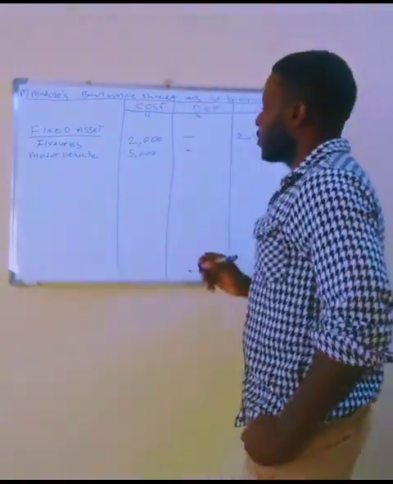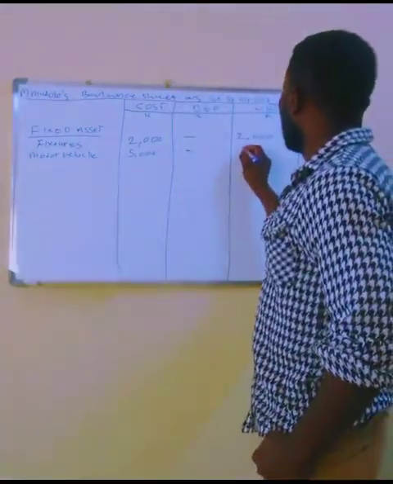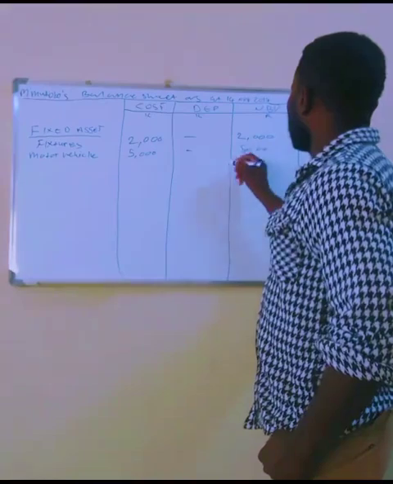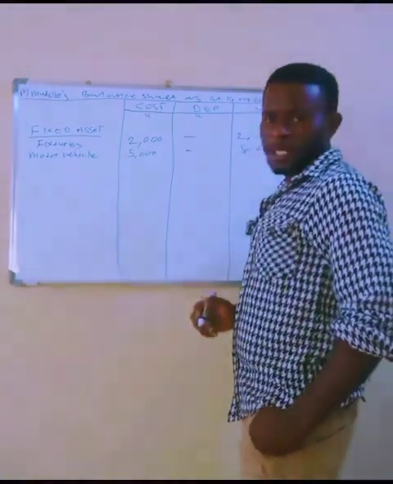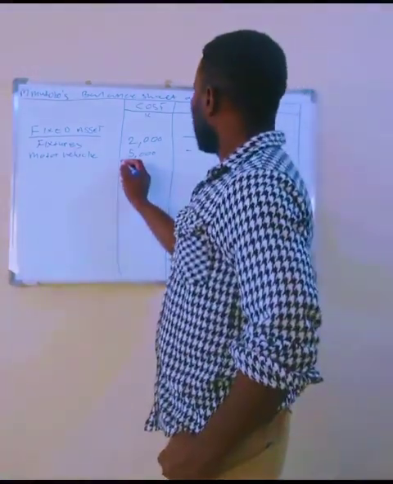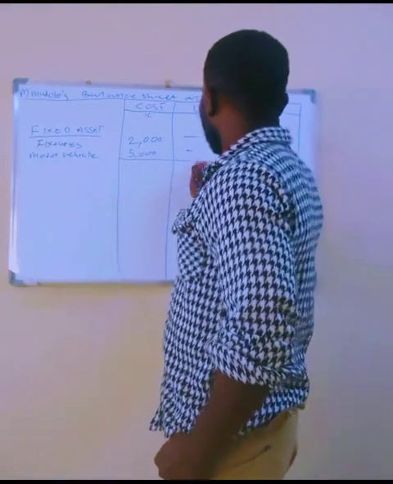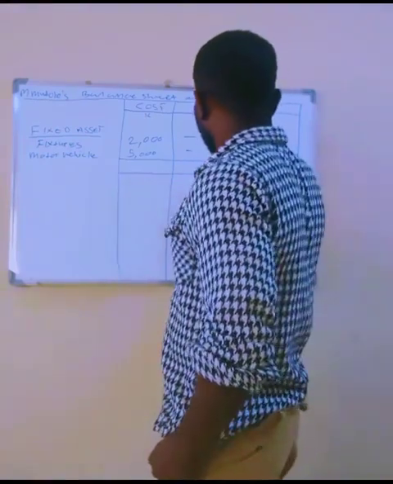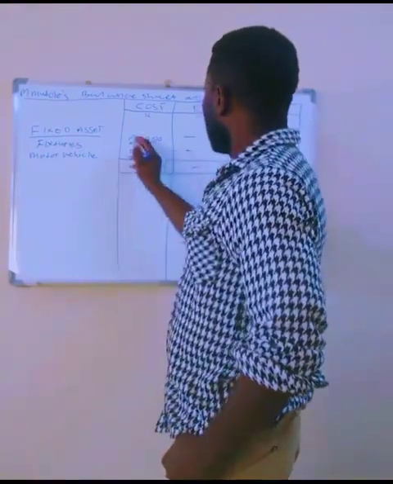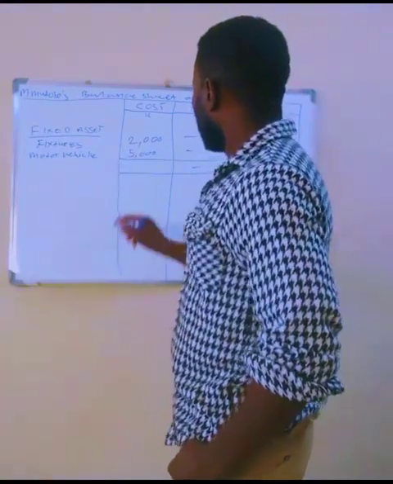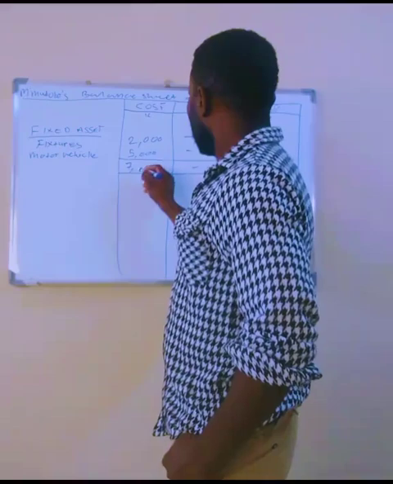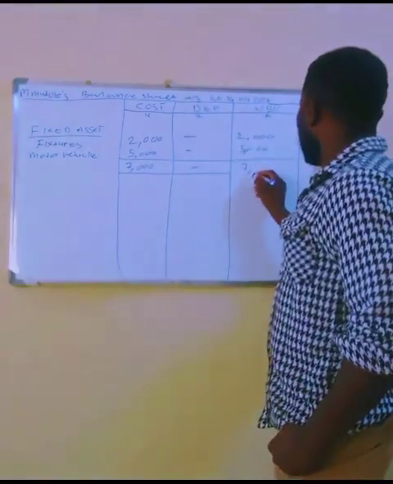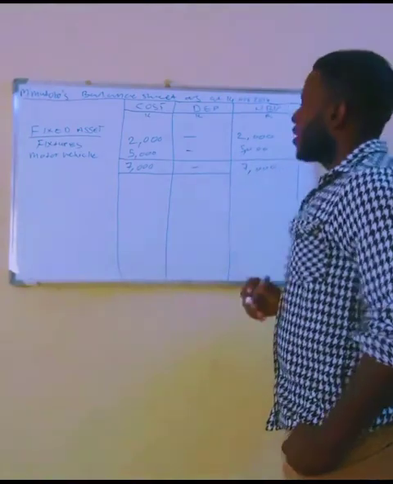It has not depreciated as well, so the net book value will also be 5,000. These are the only fixed assets that we have. When you sum this up, here we have nothing. Here it will be 7,000. Even here we have 7,000.